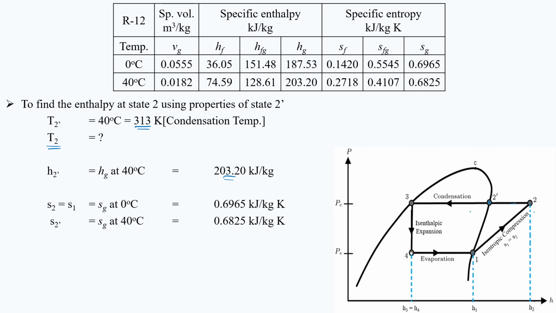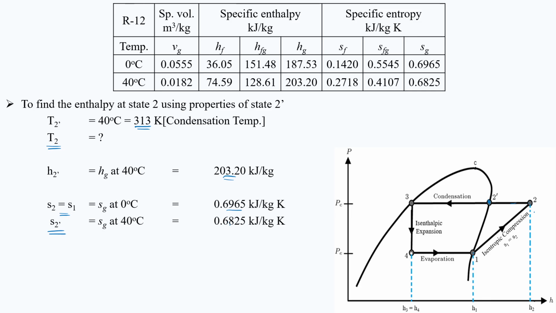Similarly, we also need the entropy at point 2 dash, which is Sg at 40 degrees Celsius, as it is also lying on the saturated vapor line. So S2 dash is 0.6825.